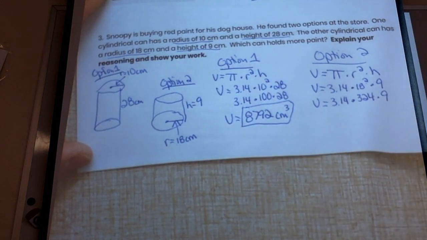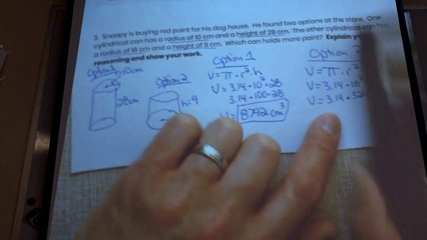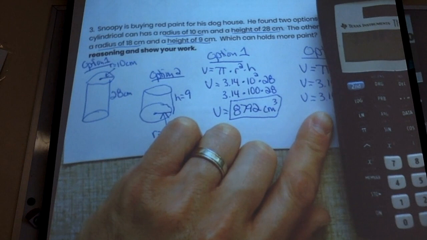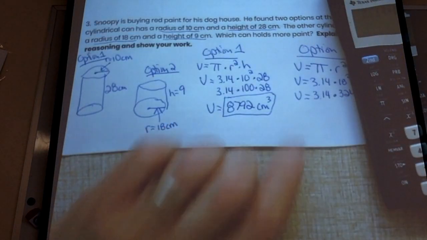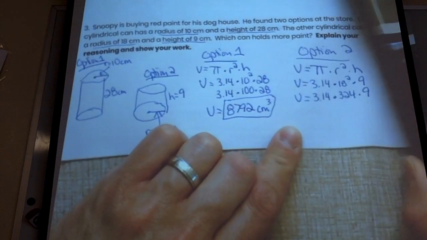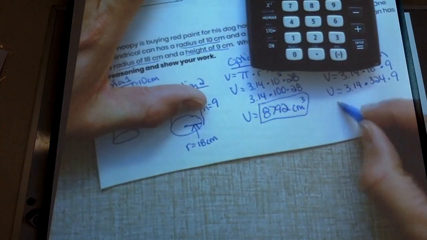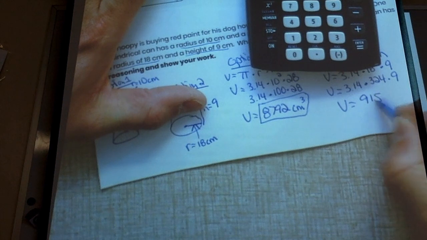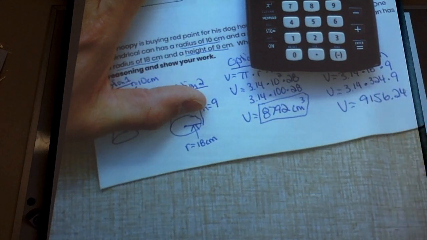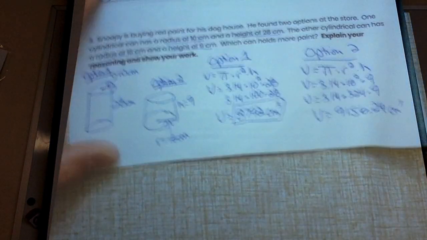I'm going to multiply these 3 numbers together. 3.14 times 324 times 9 equals 9,156.24 centimeters cubed.